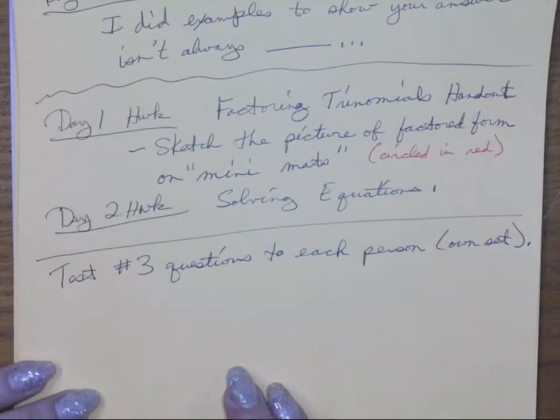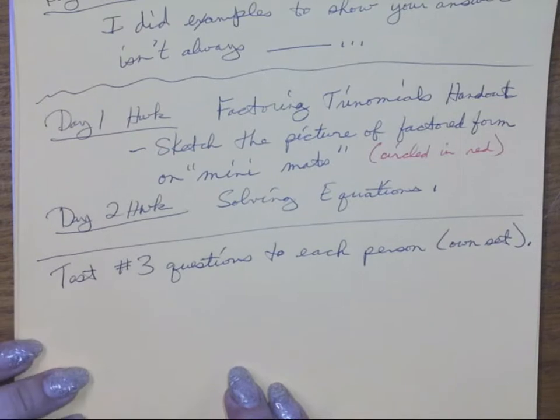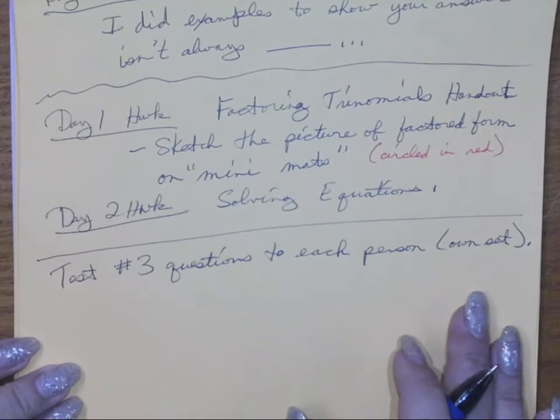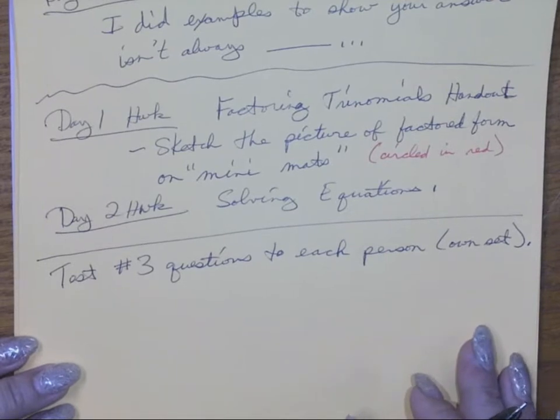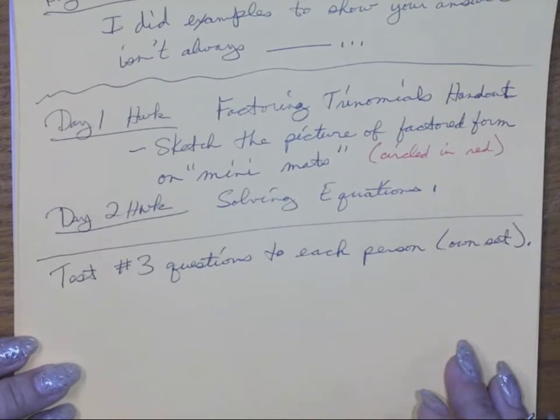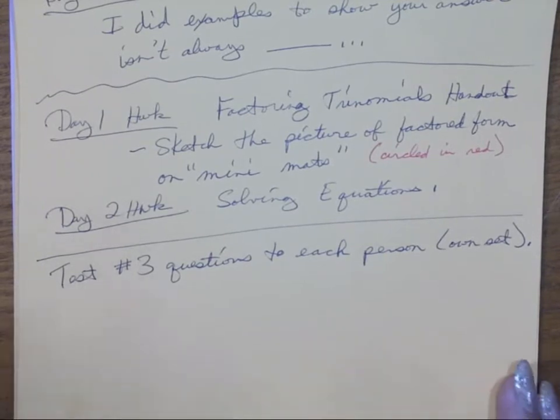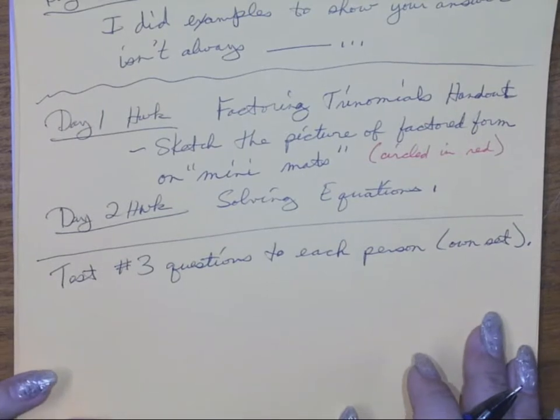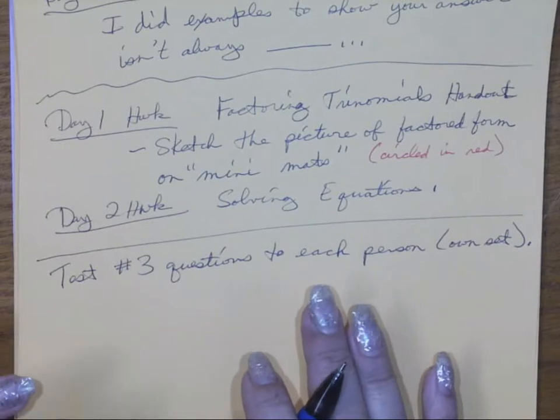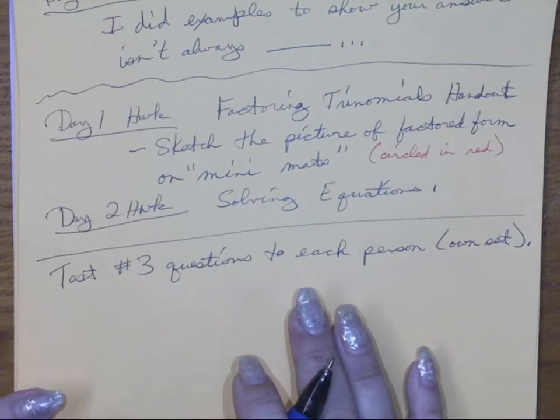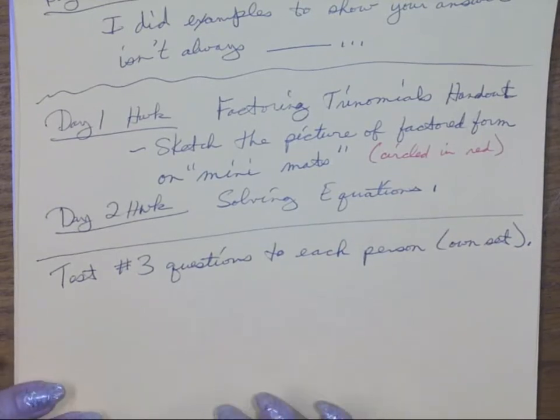You might both have a subtraction of integers question or something like that, but they're not going to be the same numbers. So one person might have 5 minus 8, and the other person might have 5 minus 11. It's just whatever you get. So everybody will have a comparable set of questions, but they won't be the exact same set of questions.